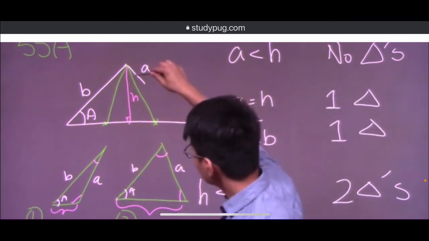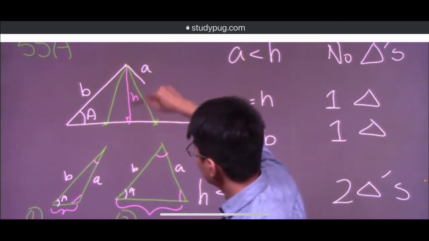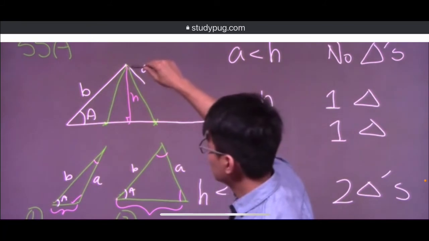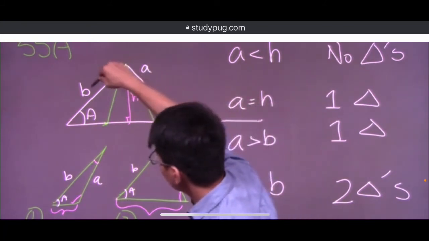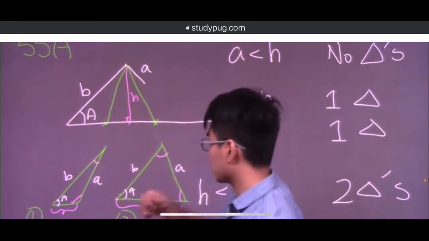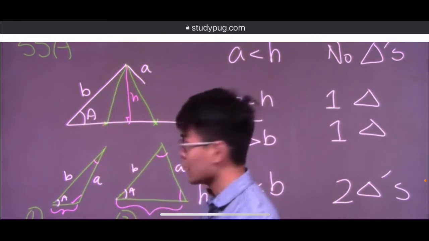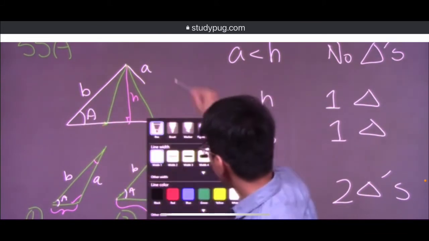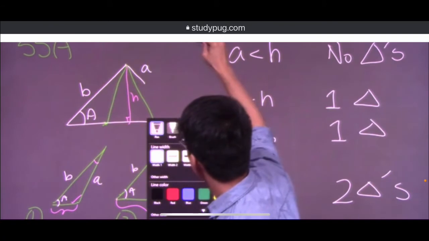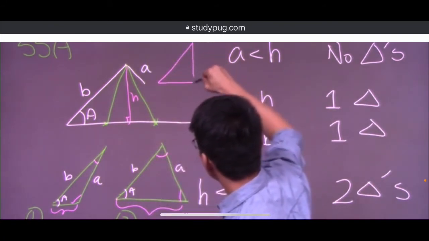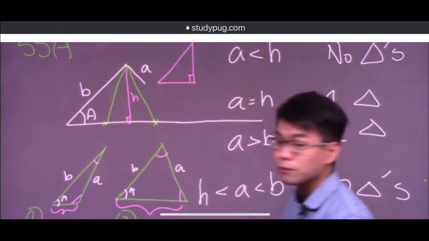Looking at this H here, if we look at only this part, we have a right triangle.